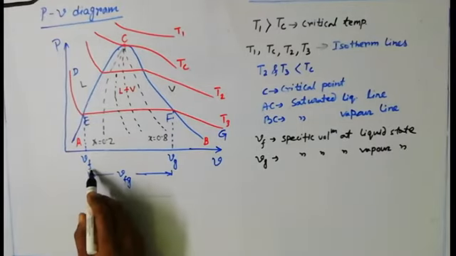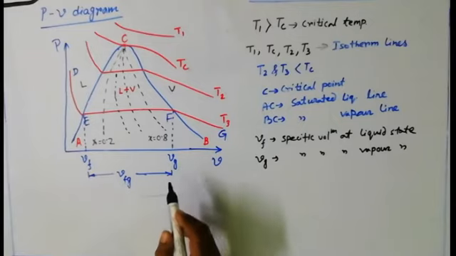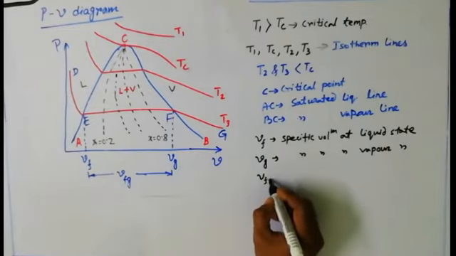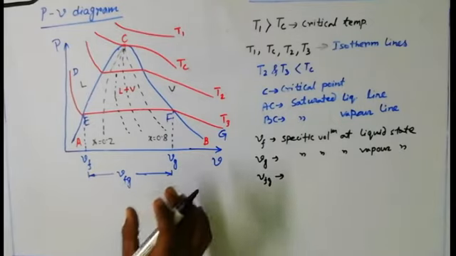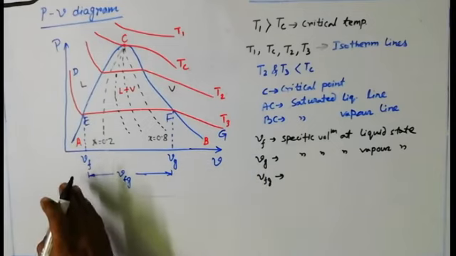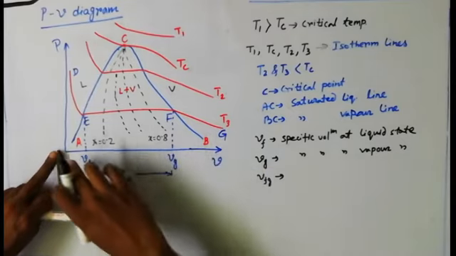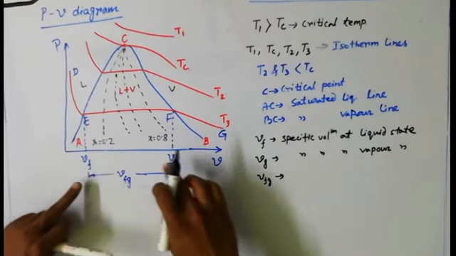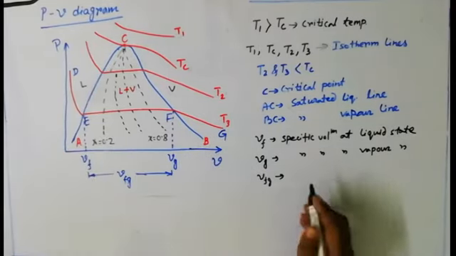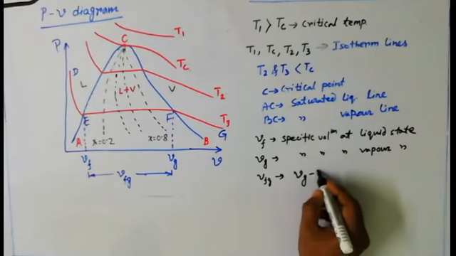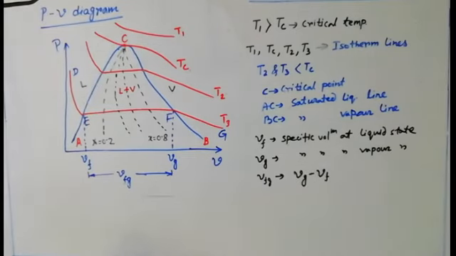F stands for liquid and G stands for vapor, and Vfg is nothing but the difference between Vg and Vf. Vg means from origin up to here, and Vf means from origin up to here. So if you subtract these two values, Vg minus Vf, then you get the value of Vfg. That is the interval between Vg and Vf.